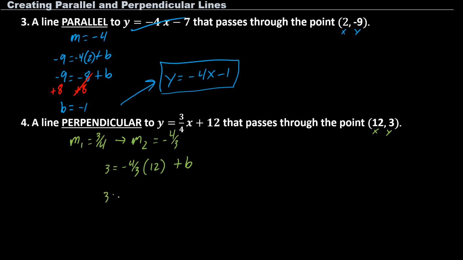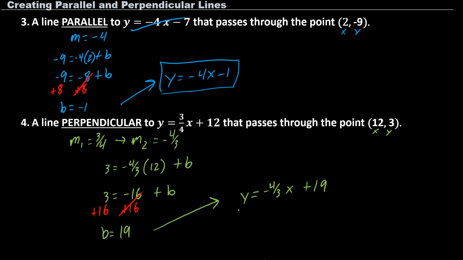So that means 3 is equal to, 12 divided by 3 is 4, and then 4 times 4 is negative 16 plus b. Then I add 16 over to the other side, and I get b is equal to 19. So y is equal to negative 4/3 x plus 19.